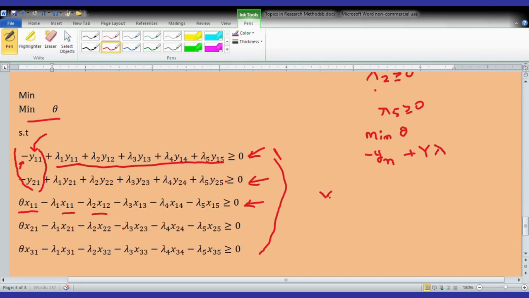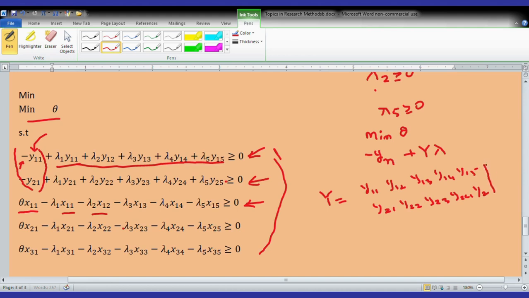Your capital Y is equal to this matrix: y11, y12, y13, y14, and y15, and y21, y22, y23, y24, y25.